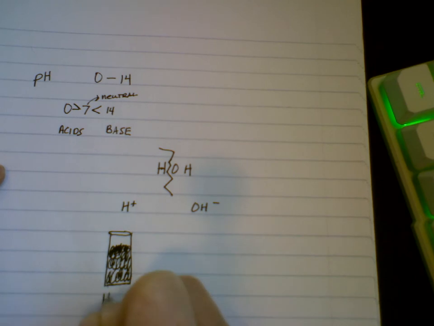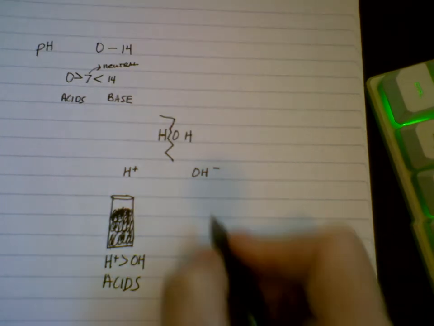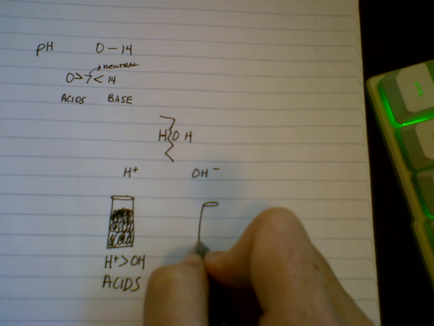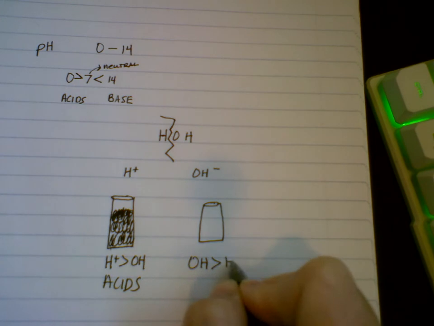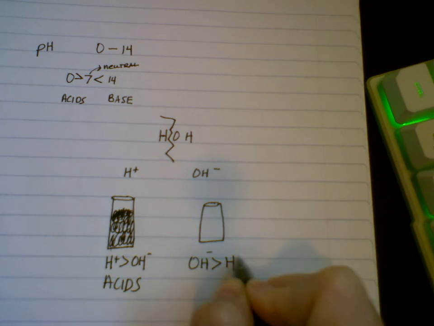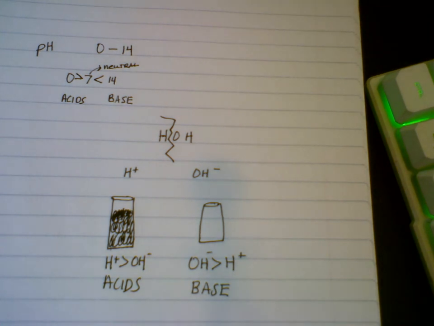And I'm going to put H plus is greater than OH here. These are called acids. When you have a solution where the OH's are greater than the H's, it's called a base. So we look at the balance between hydrogens and hydroxides in solution.